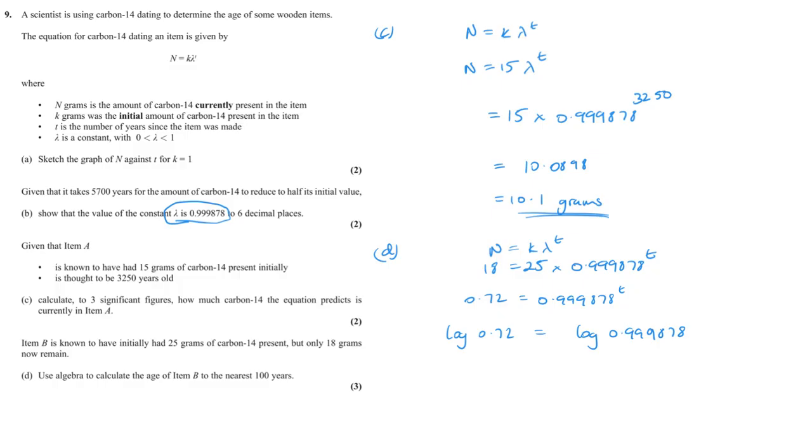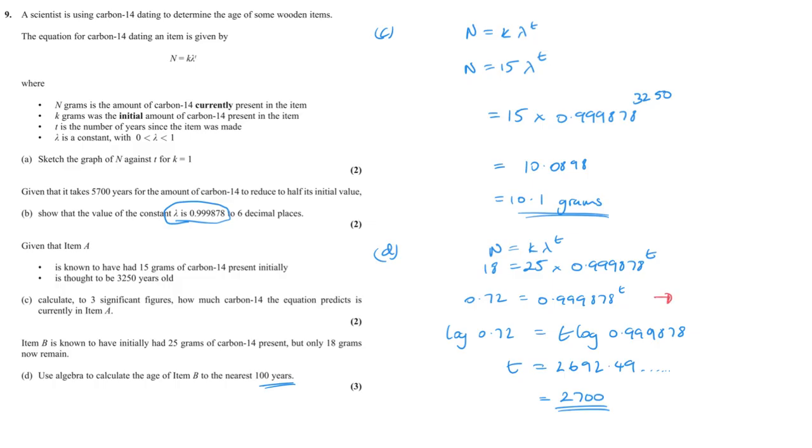So that becomes t there, and then t equals log 0.72 divided by log 0.999878, and that gives me t is 2692.49 and so on. Now we've got to round it to the nearest 100 years, so it's 2700.